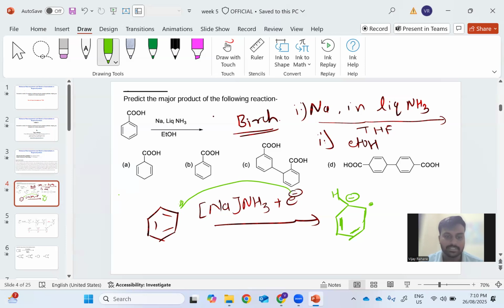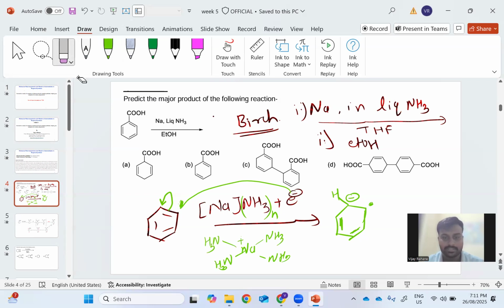So this is the electron, both electrons go here, and one electron comes from the combination of sodium and ammonia. Not only a single molecule of ammonia, there will be n number of ammonia molecules. So it will be like Na plus with coordination of NH3, multiple.